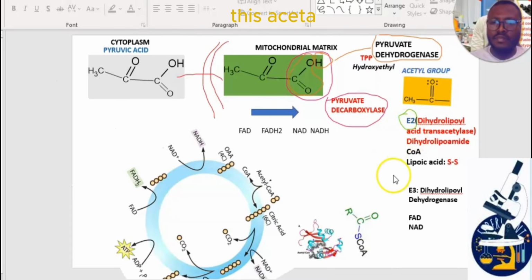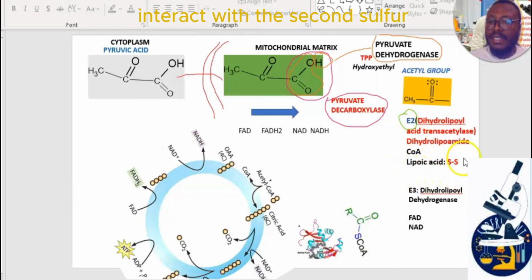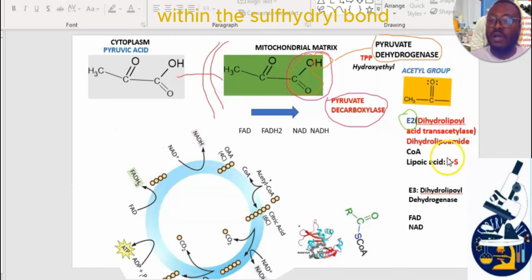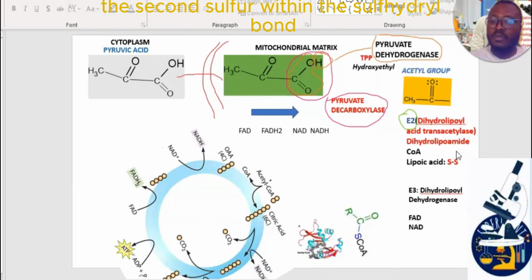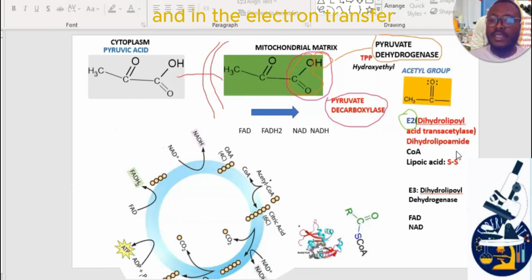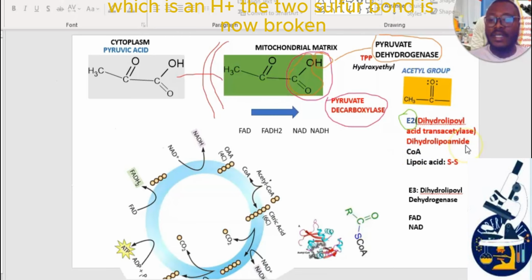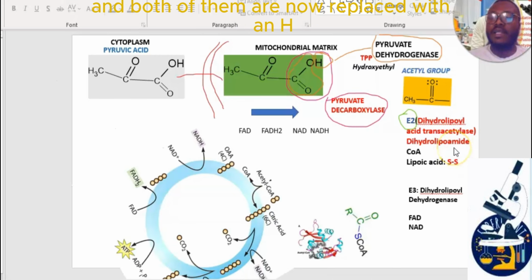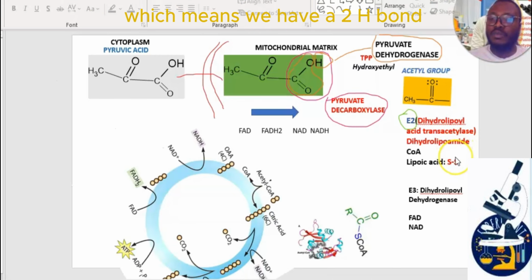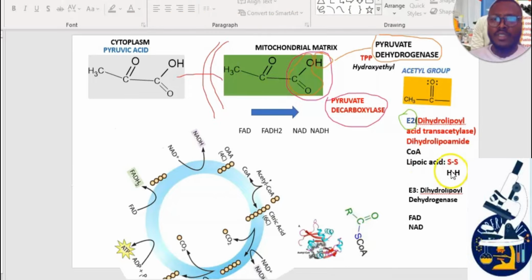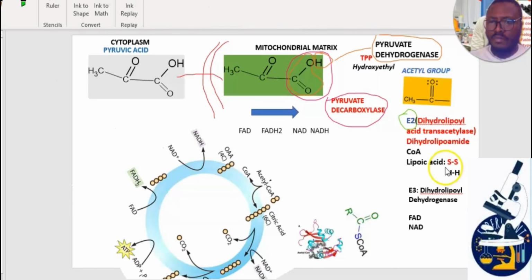This acetyl interacts with the second sulfur within the sulfhydryl bond, and in the electron transfer and the creation of a proton, which is an H+, the two sulfur bond is now broken, and both of them are now replaced with an H, which means we have a 2H bond, which is a dihydrogen bond. So that's what I have got here, and in a second I will just circle it.